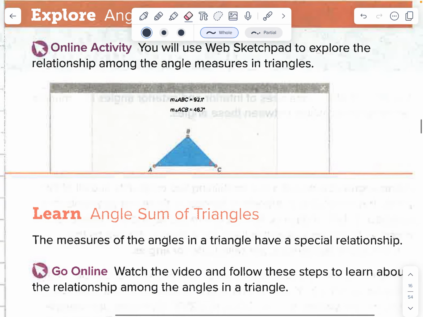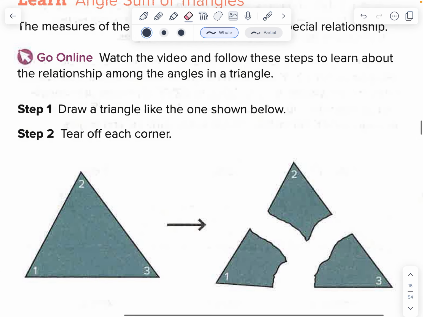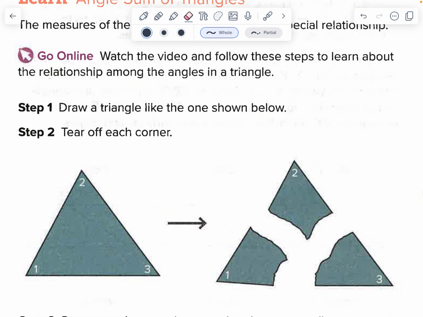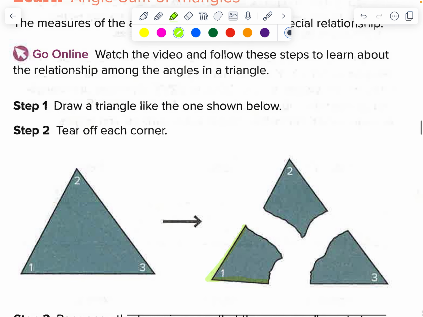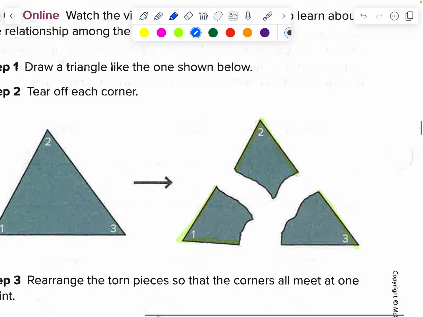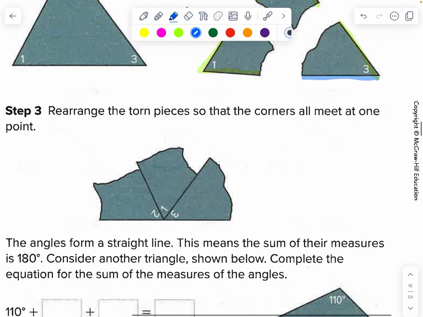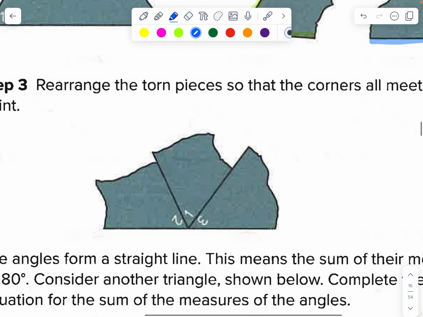Now, we're not actually going to do this, but we're going to talk about it. If I was to take a triangle and cut off the 3 angles, and put these sides right next to each other, like so, they make a straight line.